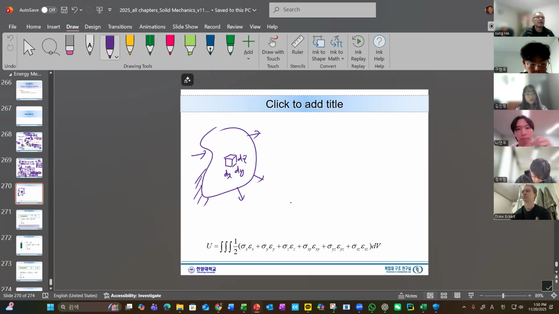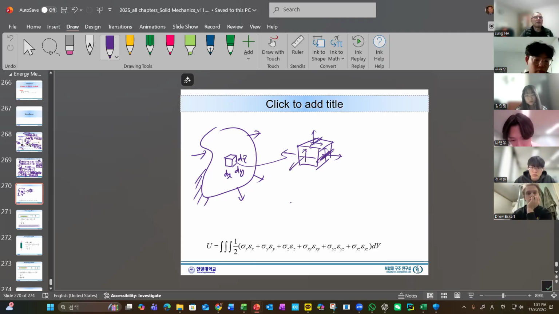And now this volume will be subject to a sigma x, and now we have all kinds of load, right? This one and that, and this and all six components.